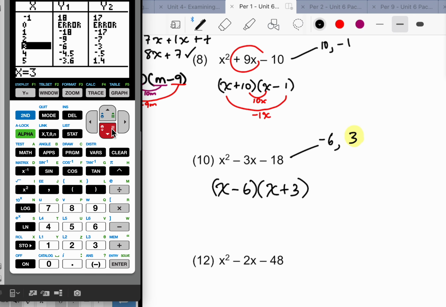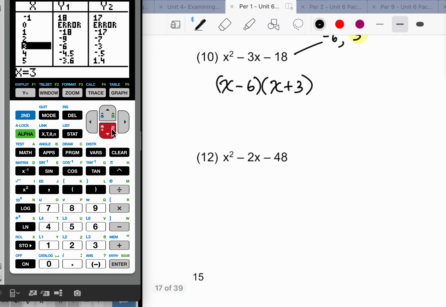So number 12, I'm looking at numbers that multiply to negative 48, but they'd have to be pretty close together in order to have a difference of 2. Whether the difference is positive or negative is immaterial at this point. It's a difference of 2. Look at the absolute value.